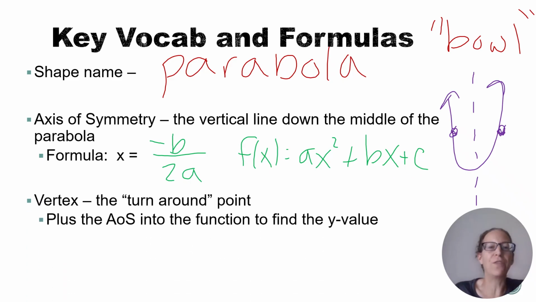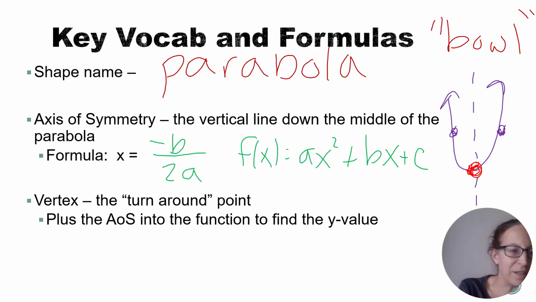And then we have the vertex, and the vertex is like the turnaround point. You'll also hear it called a minimum or maximum value, depending on whether it's at the bottom or the top of the parabola. And that would be like that point right there. It is on the axis of symmetry. So the highest or lowest point on the parabola, the maximum or minimum, called the vertex, is on the axis of symmetry.